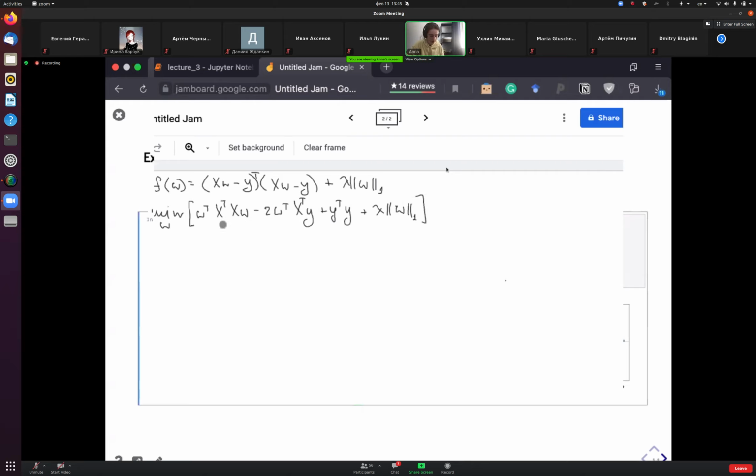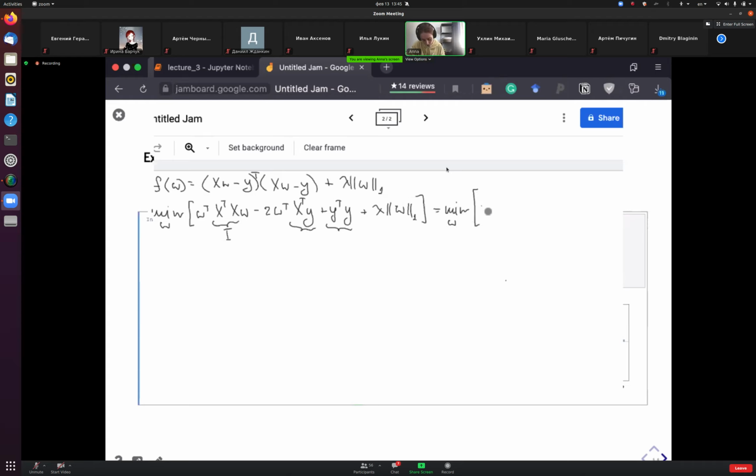See what we got here. Firstly, X transpose X here is the identity matrix by our assumption. Second, Y transpose Y does not depend on W, and since we're minimizing with respect to W, we can forget about it. And we also know that X transpose Y here is optimal for the non-regularized model.